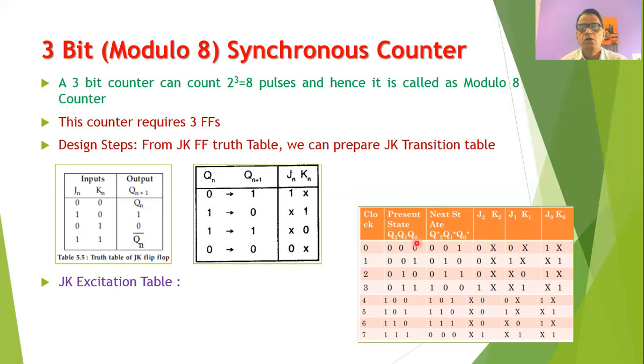And for Q0 there is a transition from 0 to 1, and therefore I will make an entry 1X from this transition table. In this way you can make all the entries in the JK excitation table, and once you have made all such entries, you can prepare the Karnaugh map for each of the J and K columns.